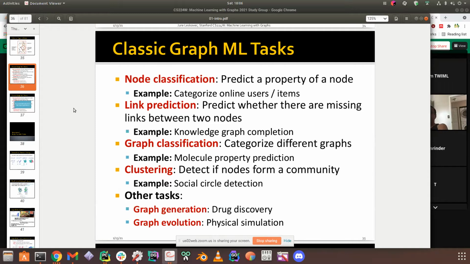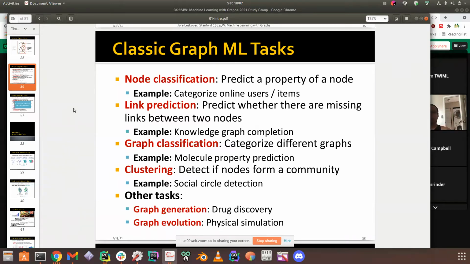And then there's the link prediction task, which is predicting whether there should be links between two nodes. And knowledge graph completion is one of the big tasks, and it's actually a fairly big topic of research. And then there's graph classification, which is if I have a graph that looks like this, what would it do? For example, molecular property prediction.